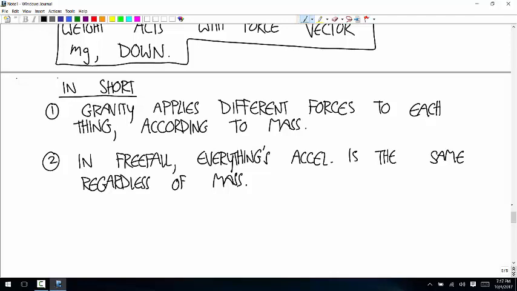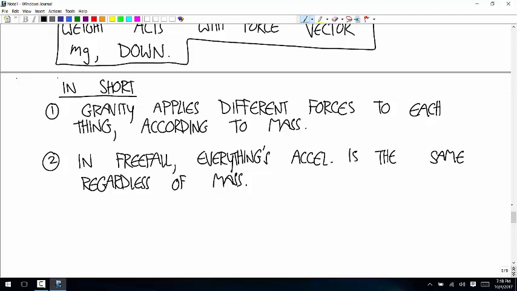I think the difference between those two things is sort of confusing to people. Like, we've been spending all this time talking about how gravity in some way behaves the same no matter what the mass is for two objects. But now we find out it's pulling harder on the heavier thing and less on the lighter. But it all just comes down to Newton's second law.